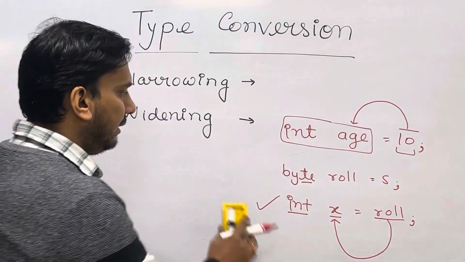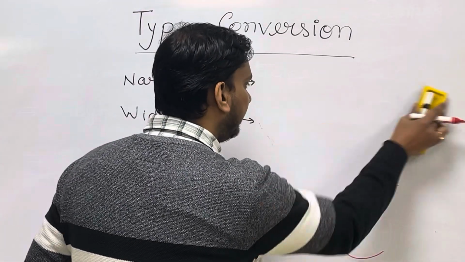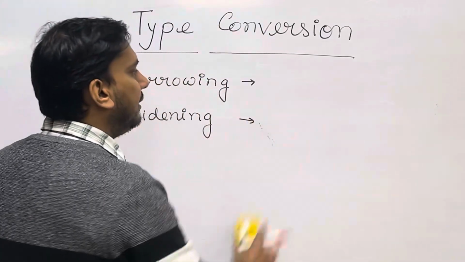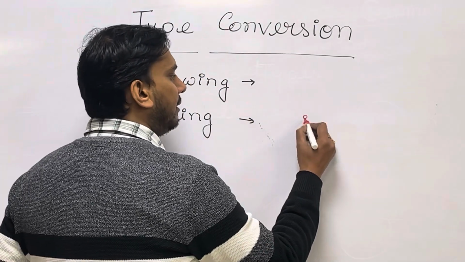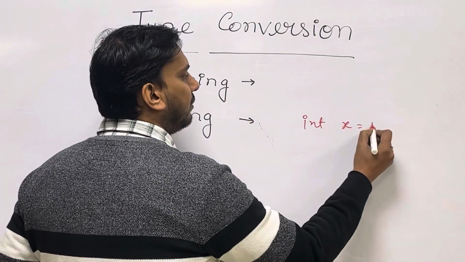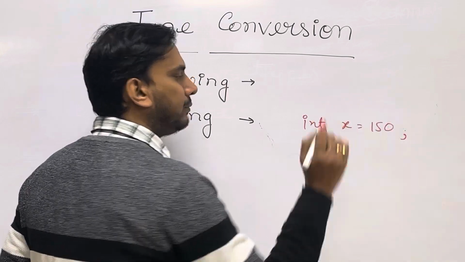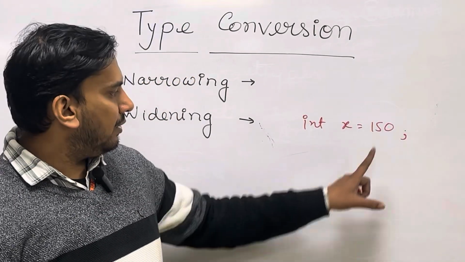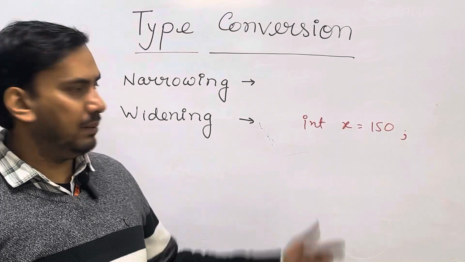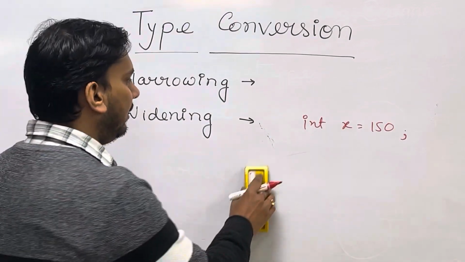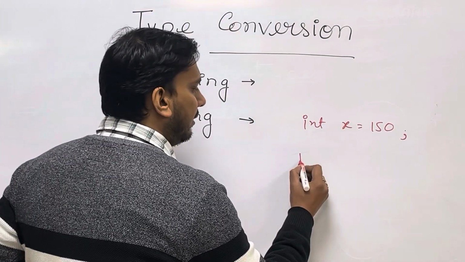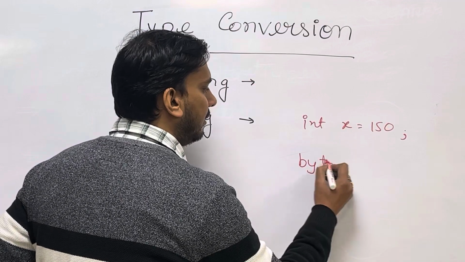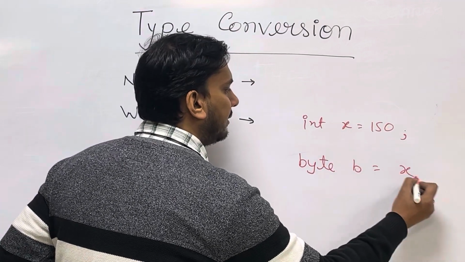Let us come to this example once again. Let's say I have written int x is equal to 150. Is it okay? 150 I am putting into the x variable which is of int type, that's good. Now I am writing here byte b is equal to x.